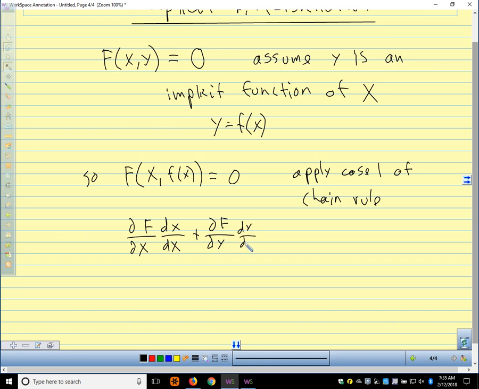Is that supposed to say dx? Yes. So we're doing the partial of f with respect to x, partial of x with respect to x, partial of f with respect to y, and then multiplied by dy/dx. And that equals 0. Well, what's dx/dx? 1.